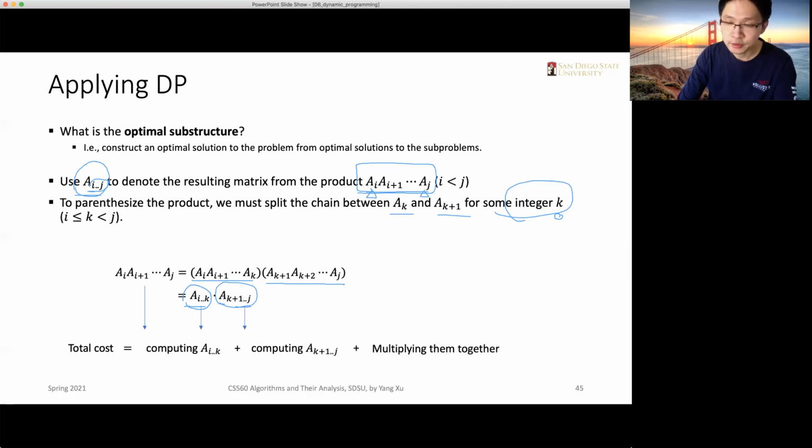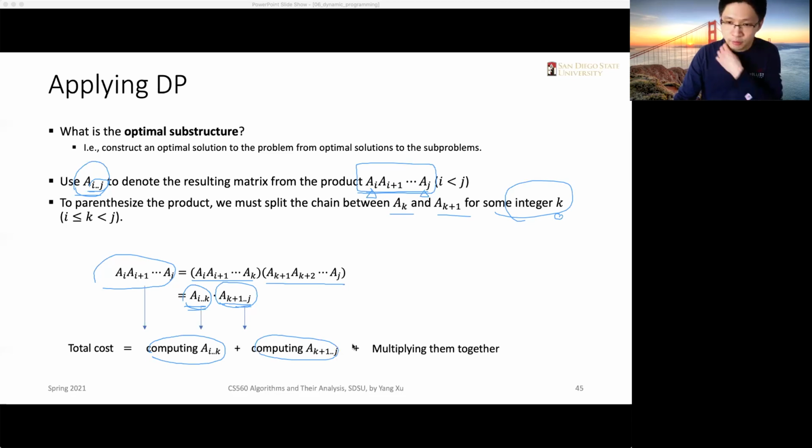Okay, all right, we have basically the optimal substructure laid out. On the left of the equation, it's the cost for solving the original problem from A_i to A_j. On the right, we decompose the problem into 3 parts. In order to solve the left subchain from i to k, we need to compute this one, and we also need to solve the right chain multiplication.